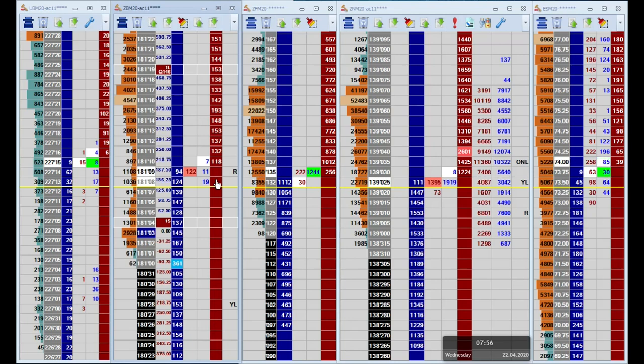I'm expecting this thing to come back down, or at least have some sort of a representation by sellers at this point. The ES is dropping in pretty well, so that's kind of helping me.